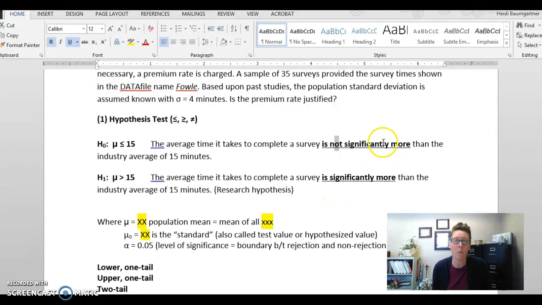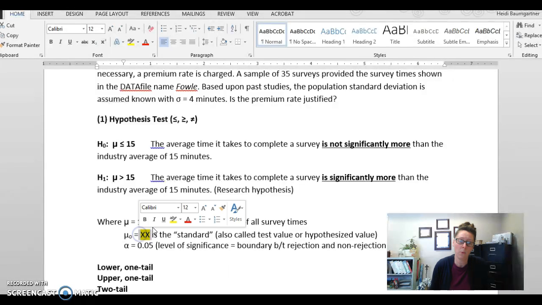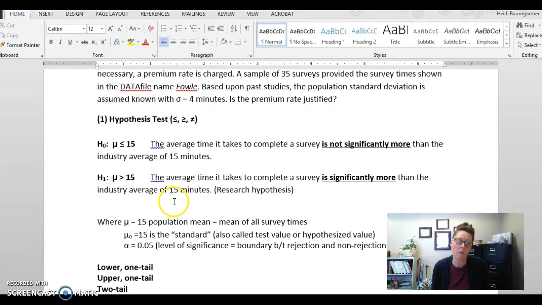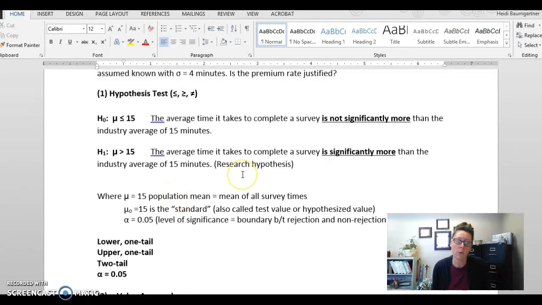So you're keeping the same verbiage in both hypotheses, and you're just saying it is not in one, not significantly more. Again, we're going to emphasize the fact that we are completing this hypothesis test with a level of significance. So we want to add that piece into it. So where mu is 15, which is the population mean, or you can also say it as the mean of all survey times, and where mu naught is the standard, which is also called the test value or hypothesized value.